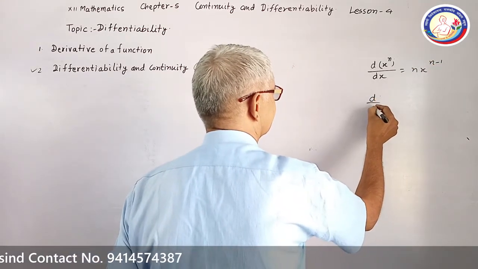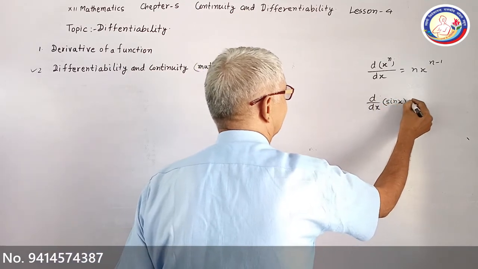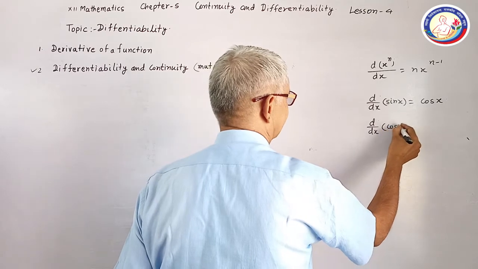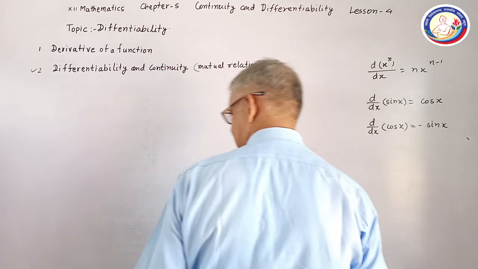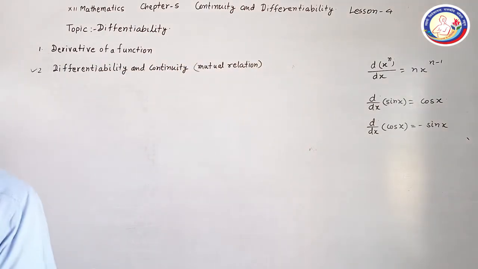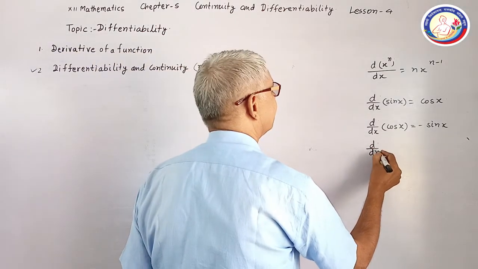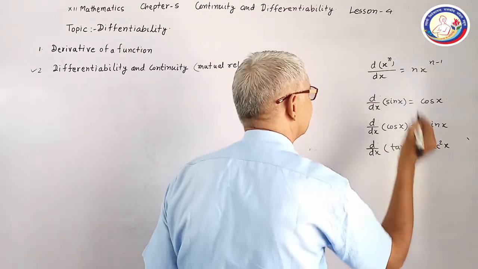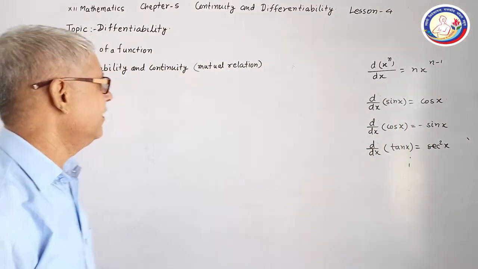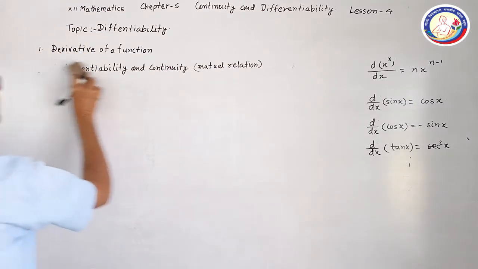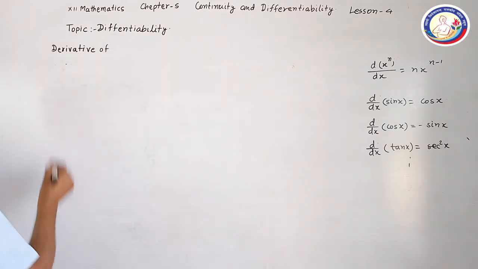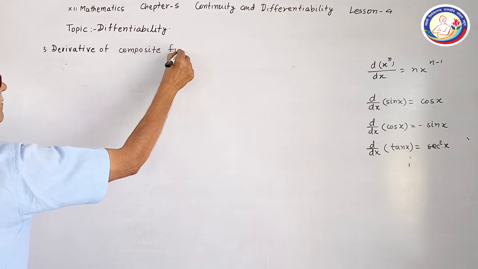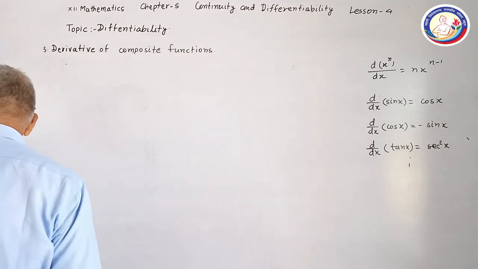Again, derivative of sin x equals cos x, derivative of cos x equals minus sin x, and derivative of tan x equals sec square x, etc. Now, how can we find the derivative of composite functions? I am taking it with an example.